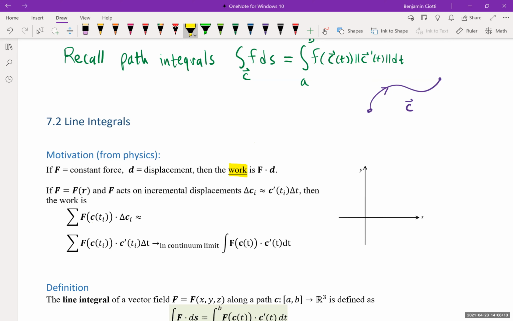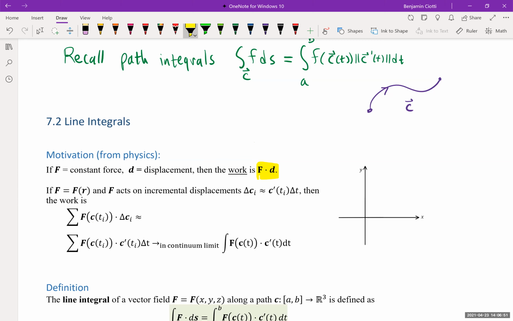If you apply a constant force to some object and you move it at displacement d, then the work done is just F times d, or, taking 2 or 3 dimensions into account, really it should be F dotted with d, because by definition, work only acts in the direction of motion.